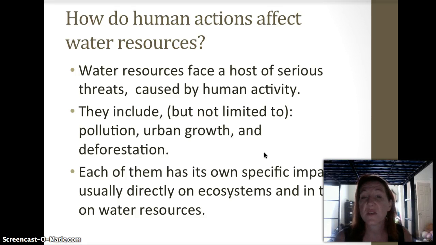Each of these has its own specific impact. They usually directly affect the ecosystem and in turn affect the water resource. And an ecosystem is an area of living and non-living things that are interacting in the same environment. So when everything is connected, in turn that water resource is going to be negatively impacted as well.